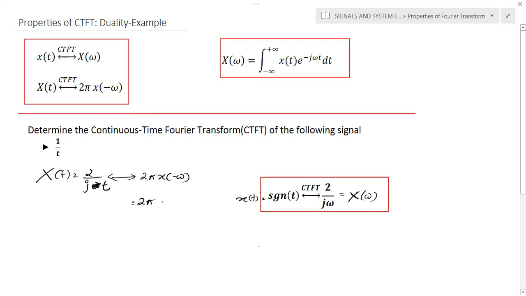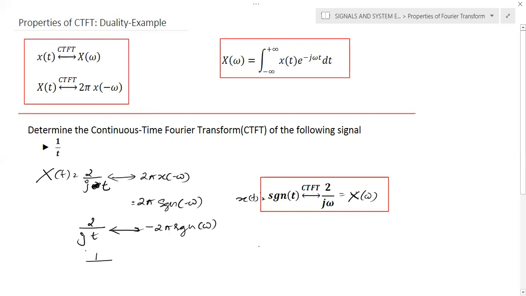So it becomes 2 pi, and x of t is signum of t. You can write it's signum of minus omega, and this is an odd function. We already explained that, so we can write minus 2 pi into signum of omega. And this is the Fourier transform of the signal 2 by j into t. And from this apply the linearity property.